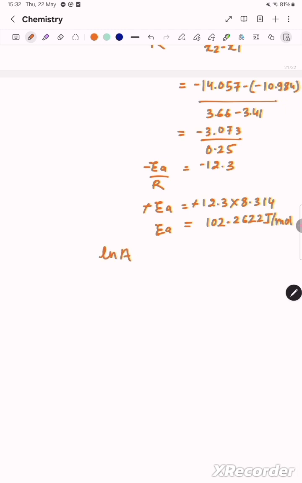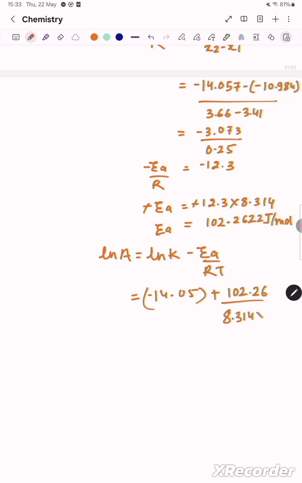ln A is equal to ln K minus EA by RT. So ln K value is minus 14.05 plus EA value is 102.26 that we have calculated upon 8.314 gas constant multiply by initial, that is 273 Kelvin temperature.